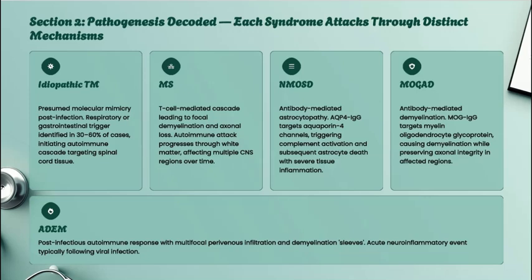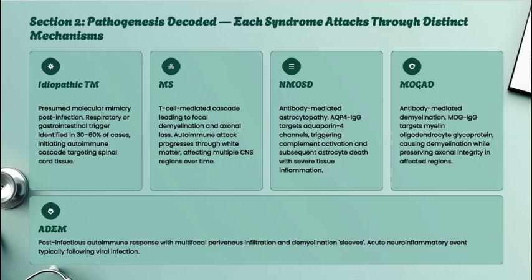In MOG antibody-associated disease, the immune target is different again. Here, antibodies are directed against myelin oligodendrocyte glycoprotein, located on the outer surface of the myelin sheath. This results in inflammatory demyelination, often with relative preservation of axons compared with some alternative syndromes.